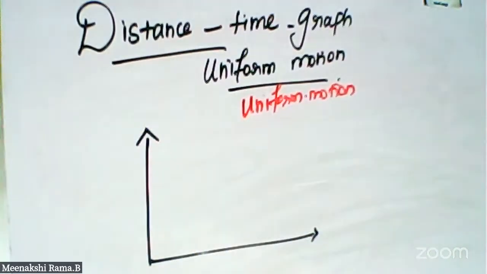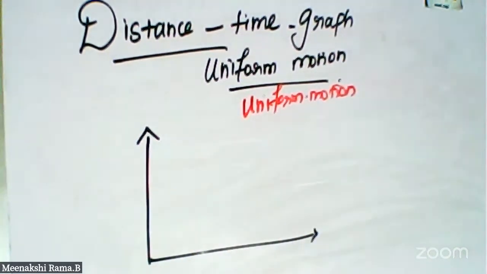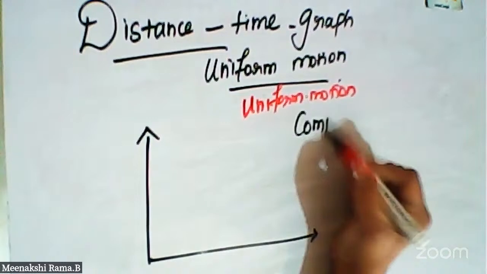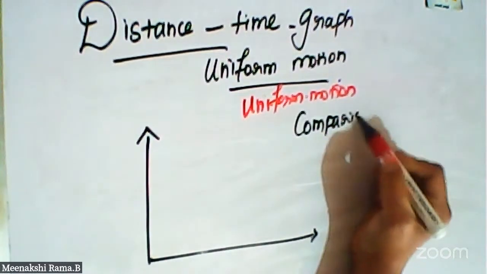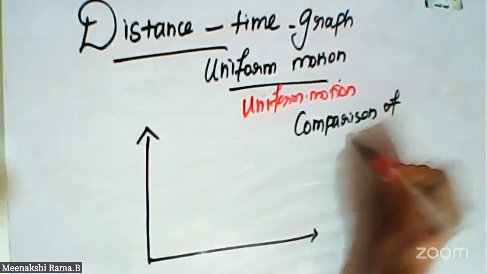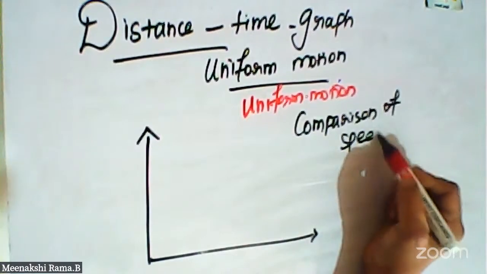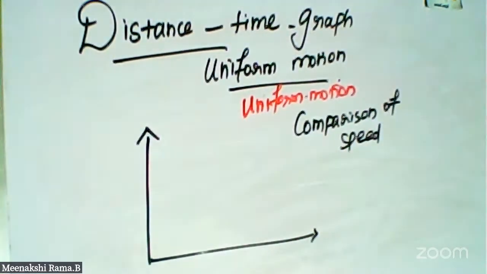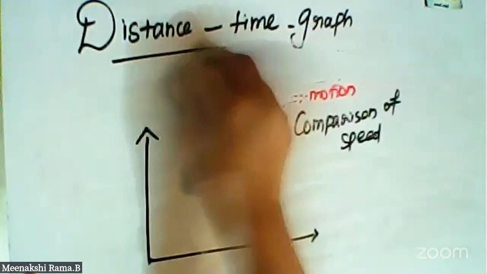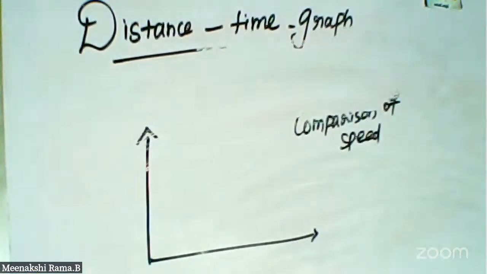This graph expresses the comparison of speed, how the speed varies for each and every person.